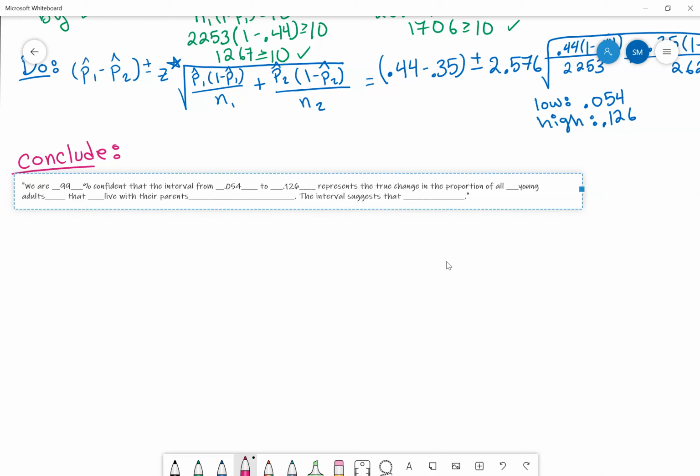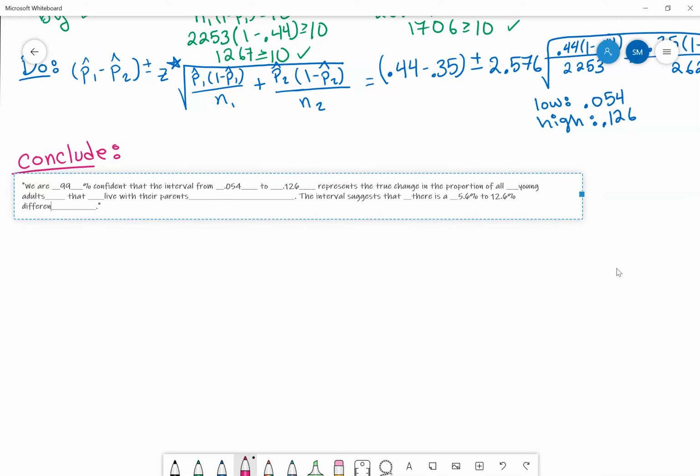So this suggests that there is a 5.4% to 12.6% difference of males who live at home compared to females. So this right here is just saying that this is how big the gap is going to be in general. This is what our interval is going to be for the differences.